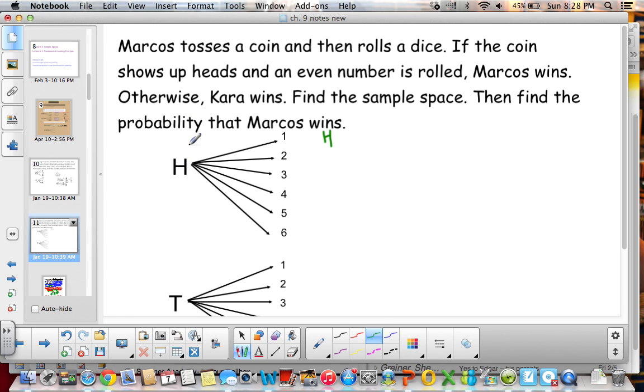Obviously, those are our 2 outcomes. Then he rolls a dice, and he can get a 1, 2, 3, 4, 5, or 6. So he can get a head 1, H2, H3, H4, and so on.